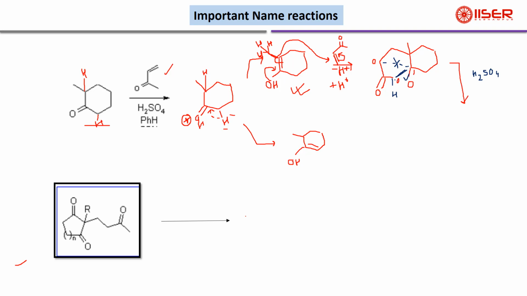So it will attack this place and it will form, I am not drawing the enolate again, a 6-member ring. There is a methyl here and there is an OH.